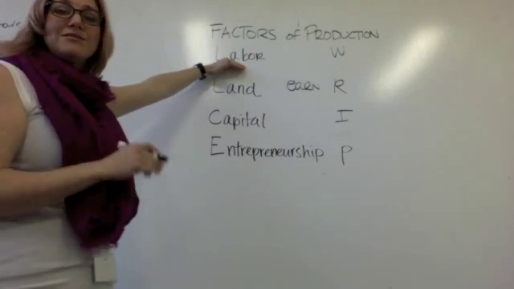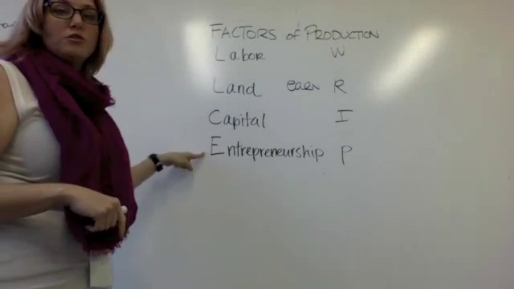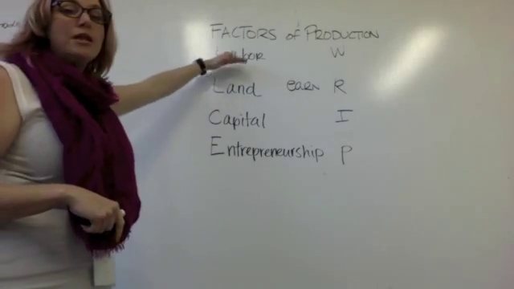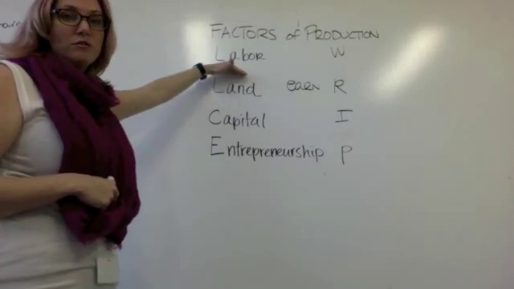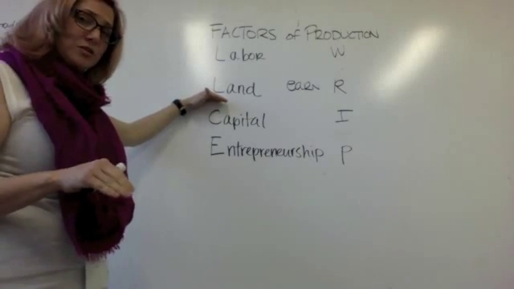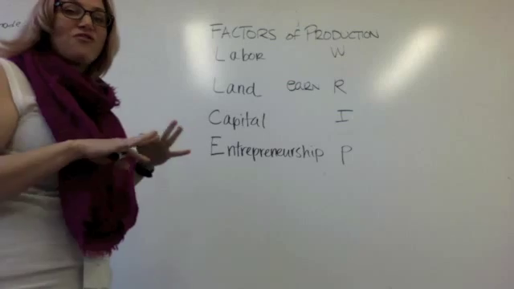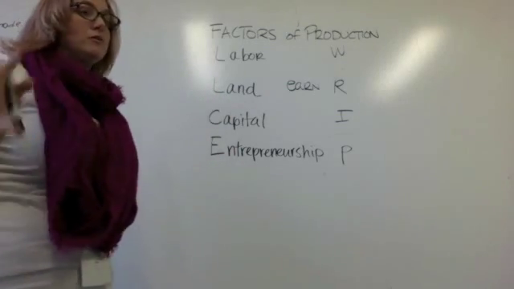So labor, this is anyone that works for you, because in your business, you are the entrepreneur. But your labor is anyone that works for you. This is human resources. Land, that is going to be any natural resource. Anything that comes from the ground, from the air, from whatever.